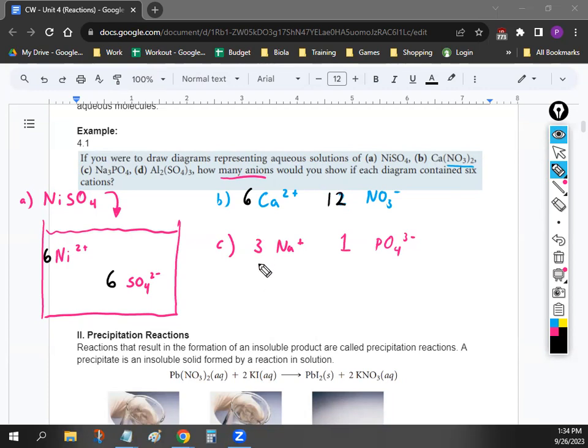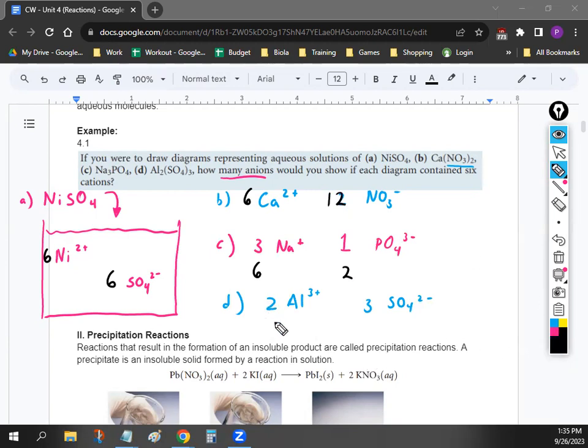Okay, so if we had 6 sodiums, how many phosphates will we have? Yeah, 2. All right, and then the last one, part D. You should end up with 2 aluminum ions, which is 3 plus, and 3 sulfate ions, which is 2 minus.